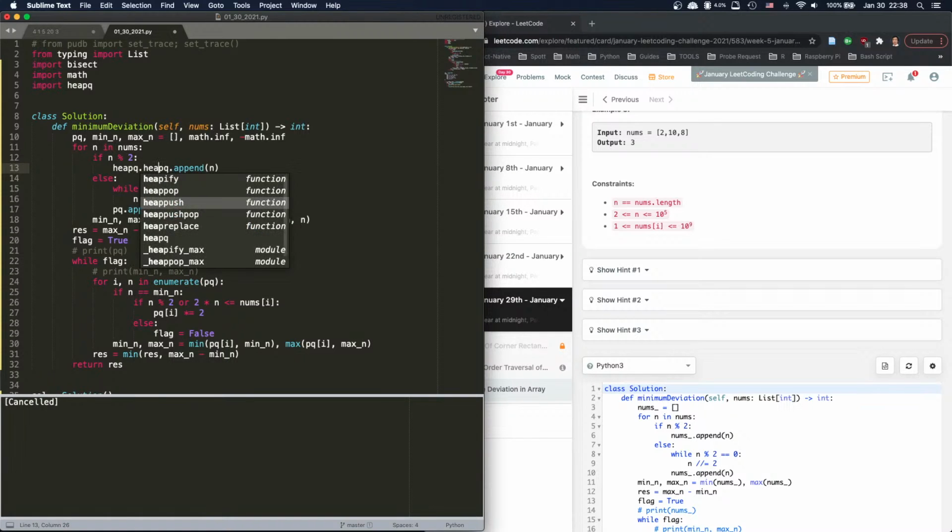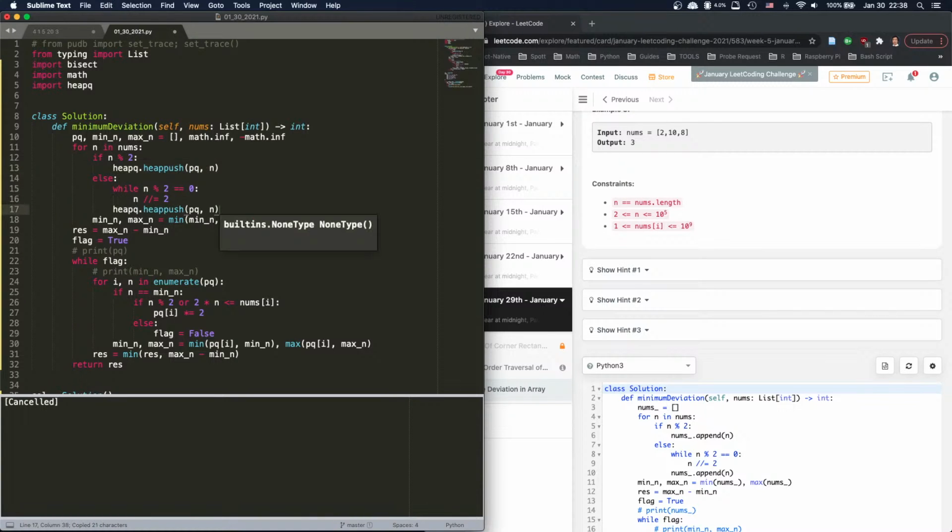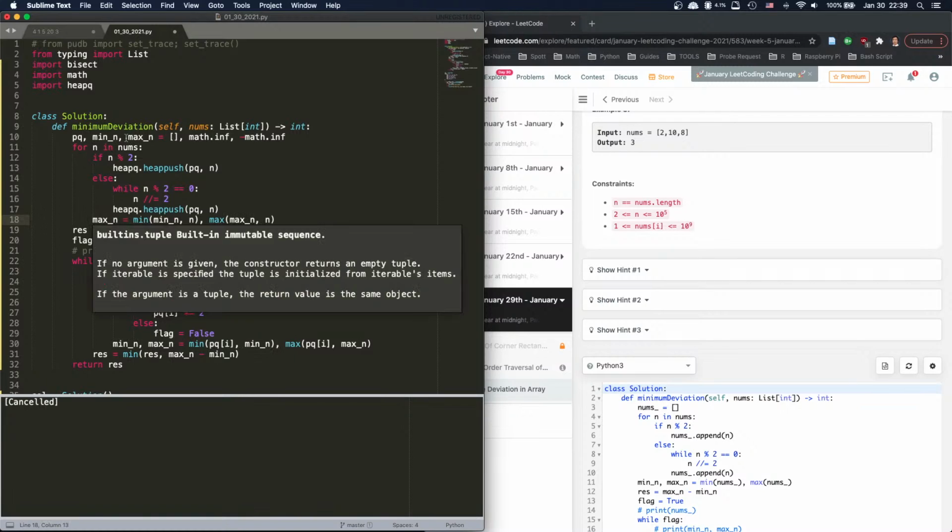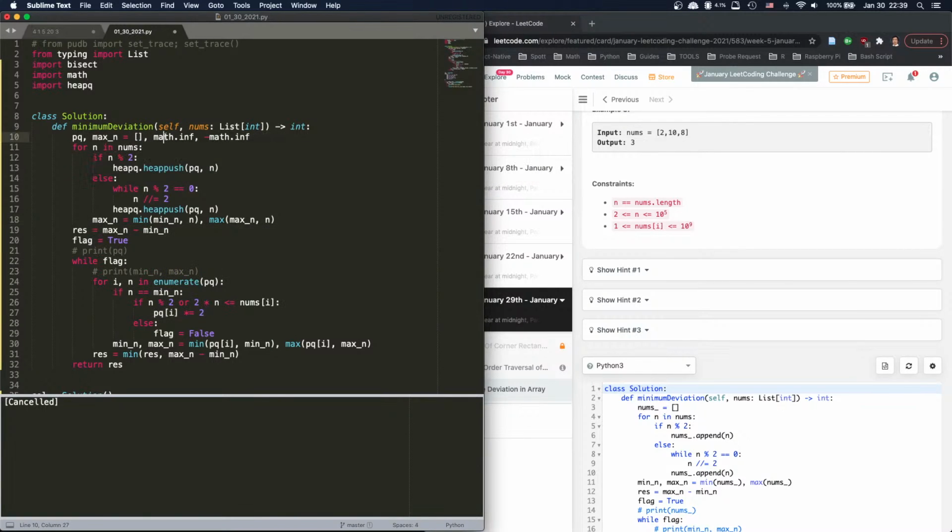Keep pushing. And we just need to keep track on the max. We don't have to track on the min. We only need to track on the max. Alright, and then the result will be the top, that's the current smallest value.